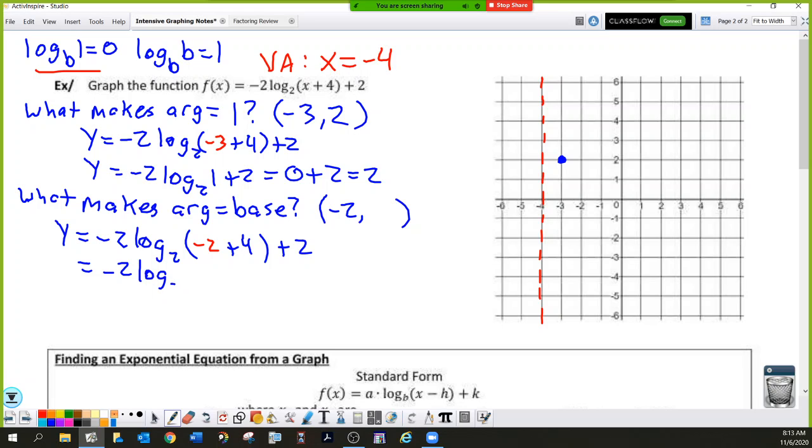So if you wanted to skip over that step and go directly to this step, I wouldn't blame you. Wow, that's a lot of 2's. Well, log base 2 of 2 is 1. So what this says is -2 times 1, which is -2, plus 2, which is 0.